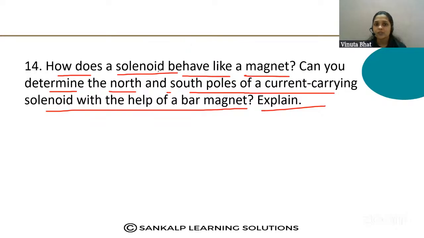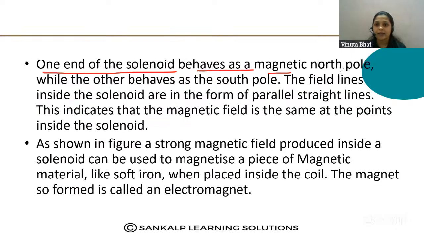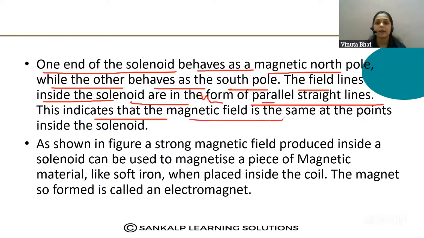One end of the solenoid behaves as a magnetic north pole, while the other behaves as a south pole. The field lines inside the solenoid are uniform. They are uniform and they are parallel straight lines. This indicates that the magnetic field is the same at all points inside the solenoid. And how does it act as a bar magnet?